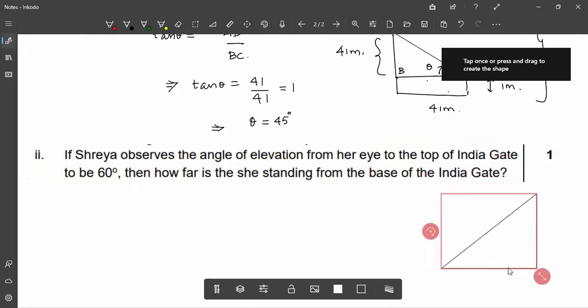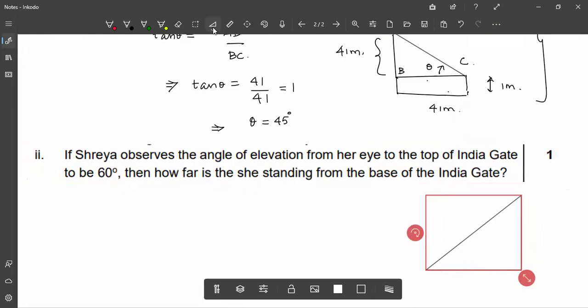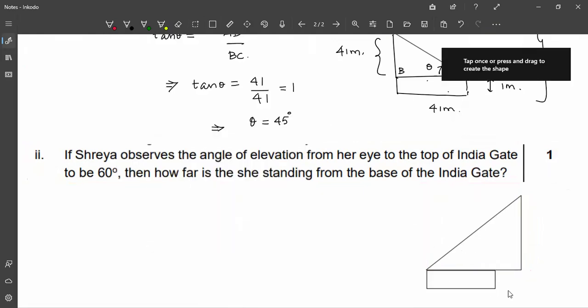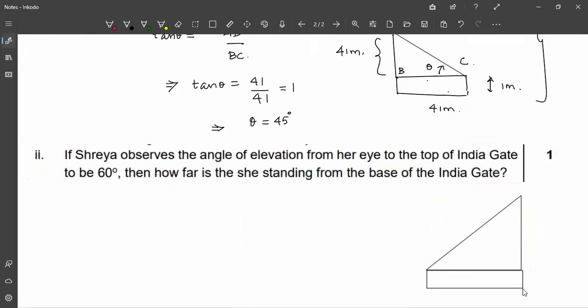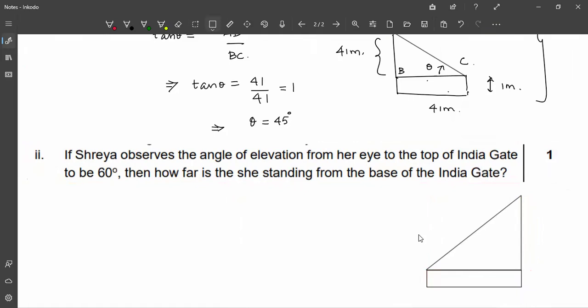If she observes the angle of elevation to be 60 degrees, so we also need to include this small 1 meter height. So I'm including it like this, right? So here she observes the whole building, which is 42 meters, and this is 60 degrees.